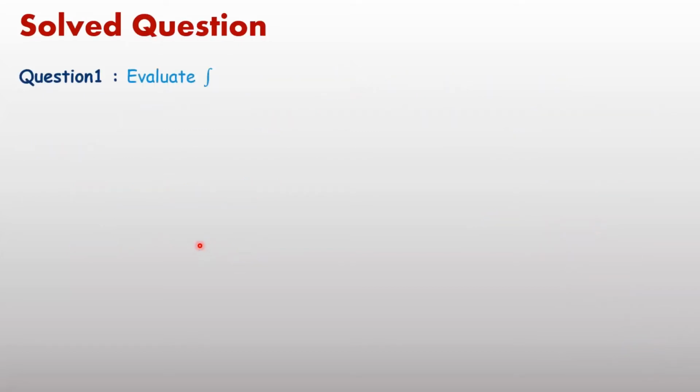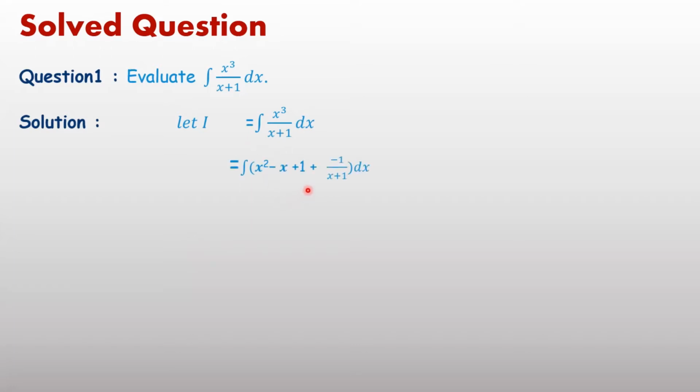If the same question, we have to integrate x³ upon x + 1. In this step, first divide the numerator by the denominator, and you will get, as discussed earlier, x² - x + 1 plus (-1) upon x + 1. Write separately the integral of (x² - x + 1) dx plus the integral of -1 upon x + 1.